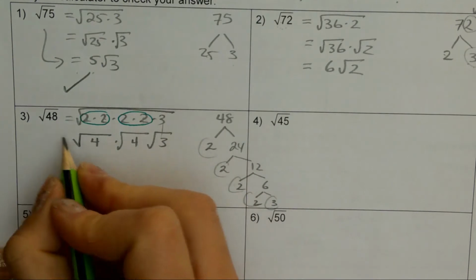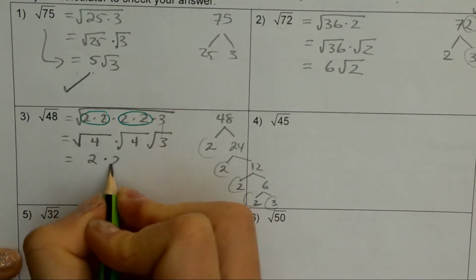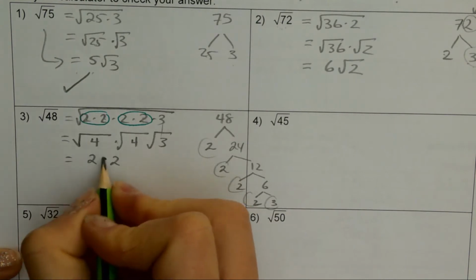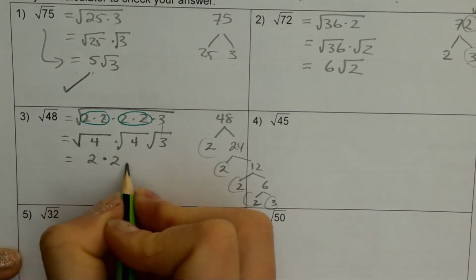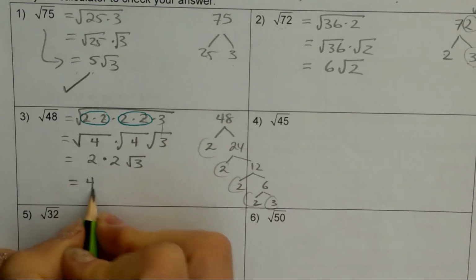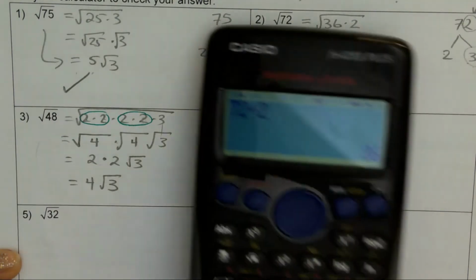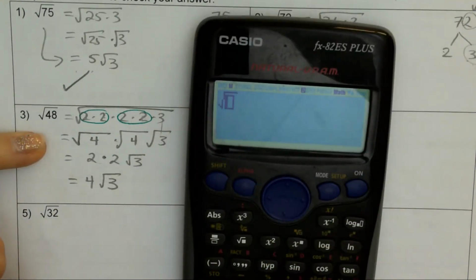The square root of 4, well, that's 2. Make sure you put a multiply between so it doesn't look like 22. And then the 3. 2 times 2 is 4. So it simplifies down to 4 root 3. Let's check. Square root of 48. Yep, we are correct.